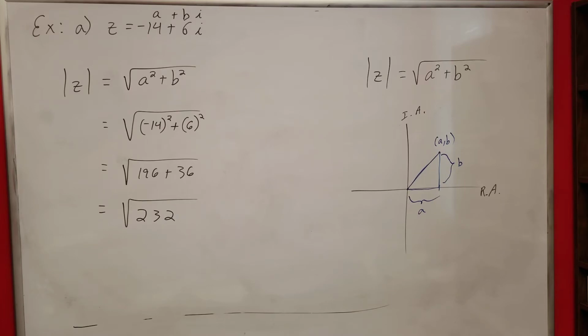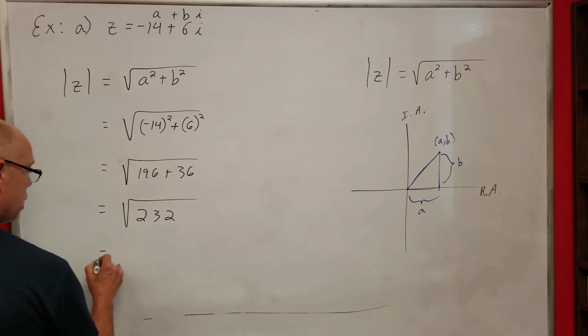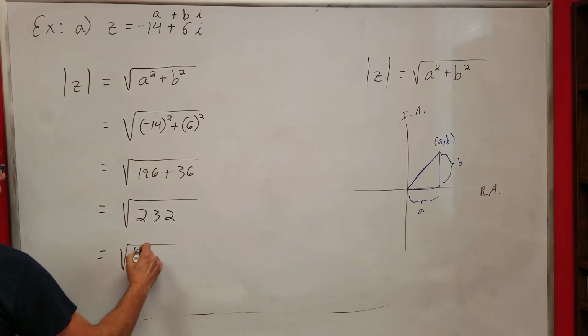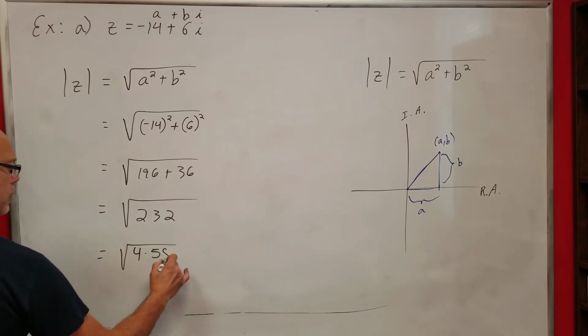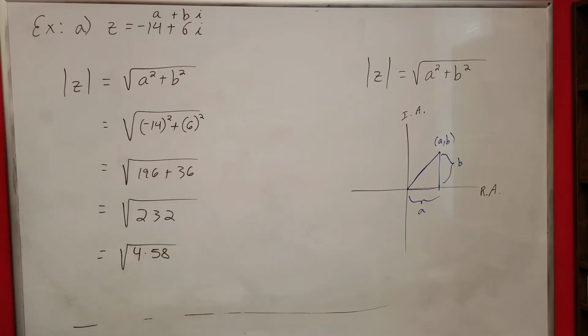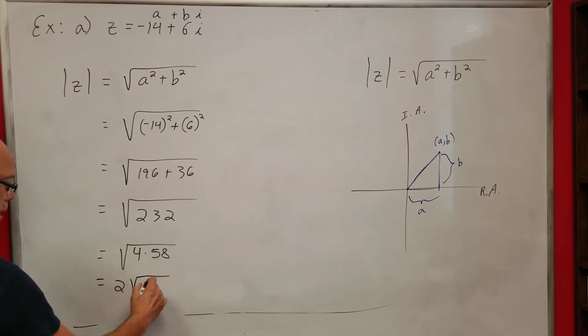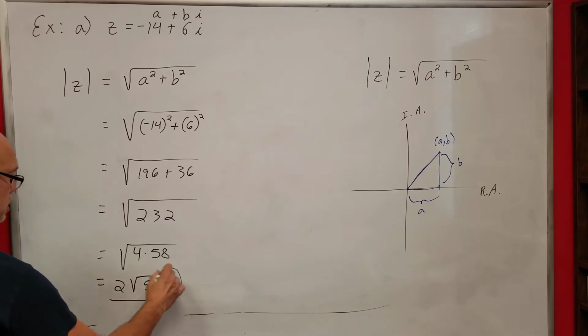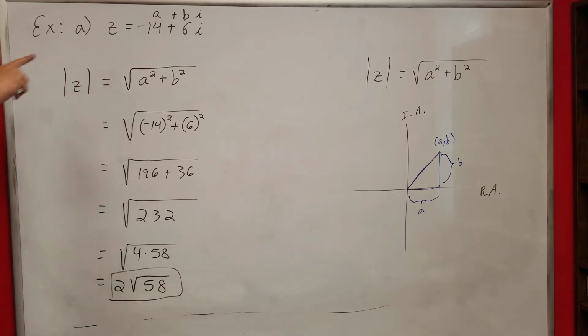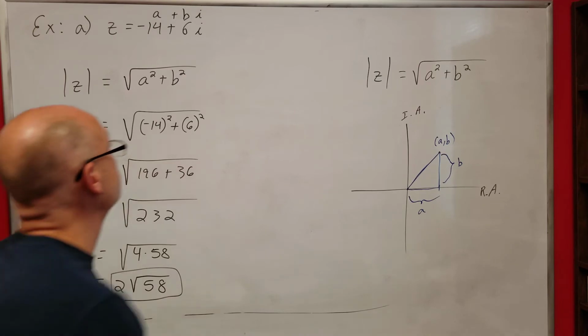Well, the square root of 232 is not exact, but it could be broken down into 4 times 58. Let me check my notes. Yeah, 4 times 58. Now 4 is a perfect square, so that comes to the outside as 2, and 58 stays under the radical. So there is my modulus of that complex number.